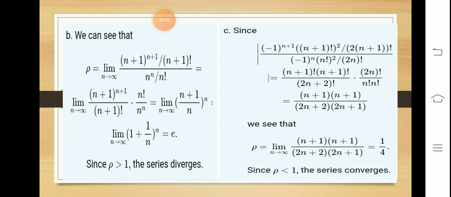So p equals the limit as n approaches infinity of n plus 1 to the power of n plus 1 over n plus 1 factorial, over n to the power of n over n factorial, which equals the limit of n plus 1 to the power of n plus 1 over n plus 1 factorial times n factorial over n to the power of n, which equals the limit of n plus 1 over n to the power of n, which equals the limit of 1 plus 1 over n to the power of n, which equals e.